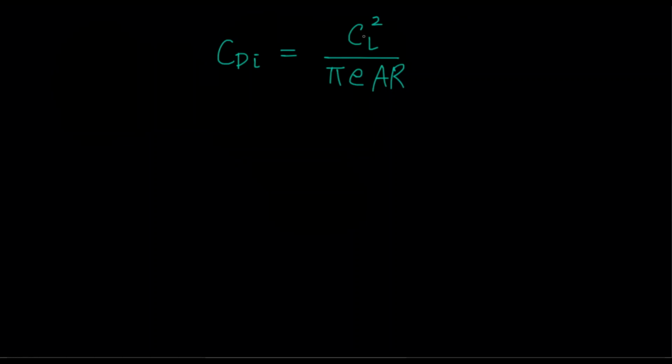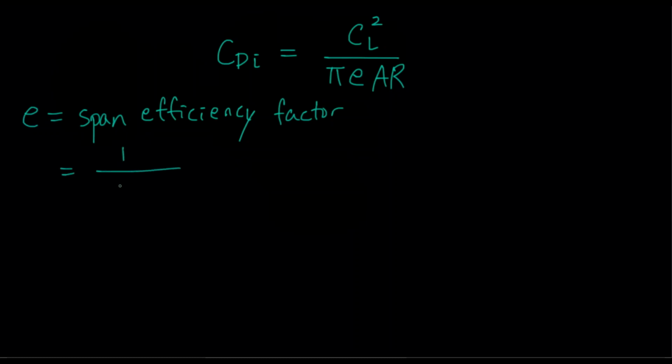As we all know, C_L is the lift coefficient, pi is simply 3.14, and e is the new thing that we're seeing today, which is called the span efficiency factor. Usually this is 1 over 1 plus delta, and this usually varies from 0.95 to 1.0.